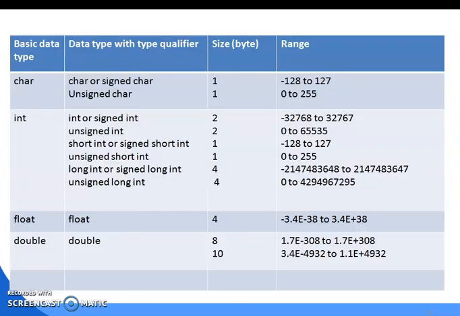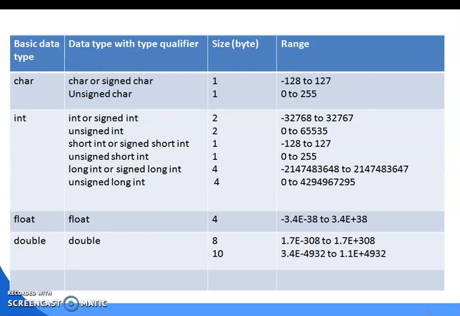These are the tables. What are the basic data types? Character data type with type qualifiers: char, signed char, unsigned char, size is 1 byte, range is -128 to 127. So this is the table regarding data types. What are the sizes generally?